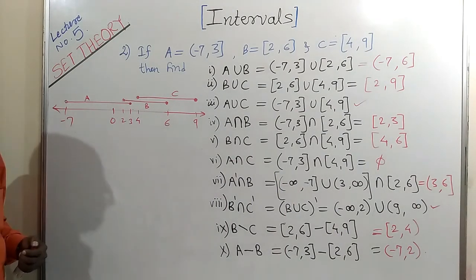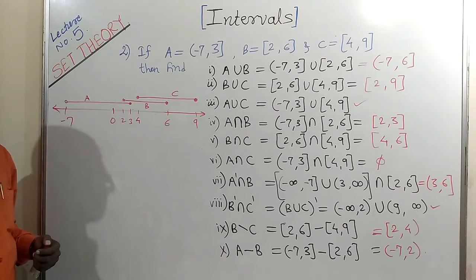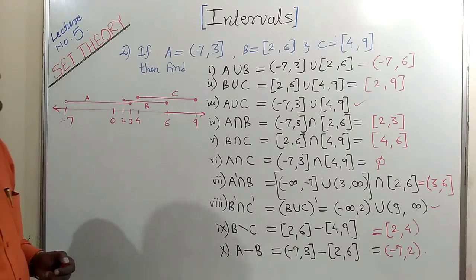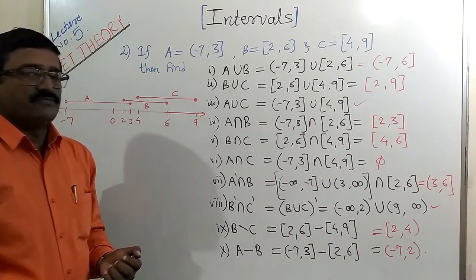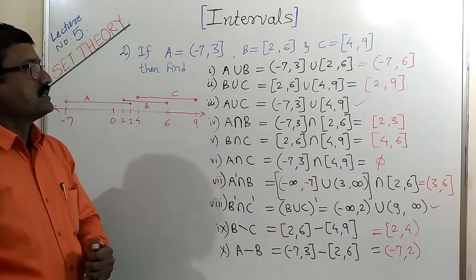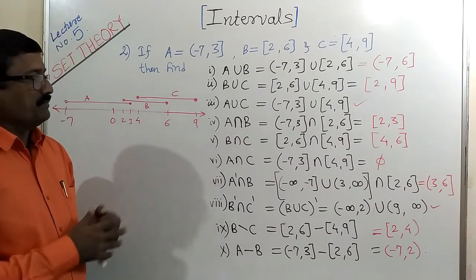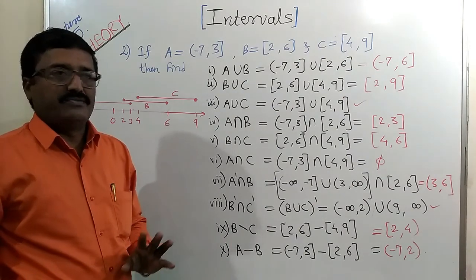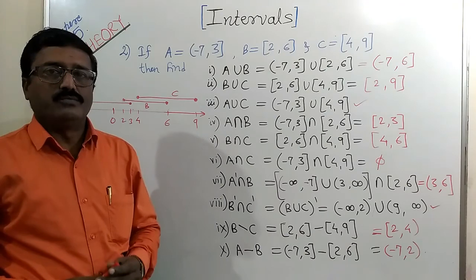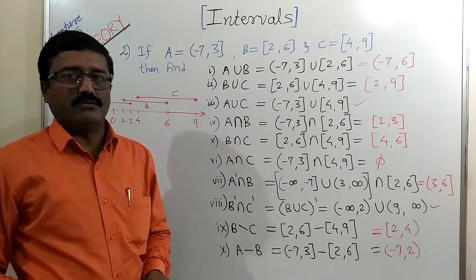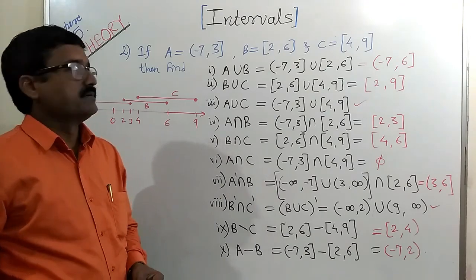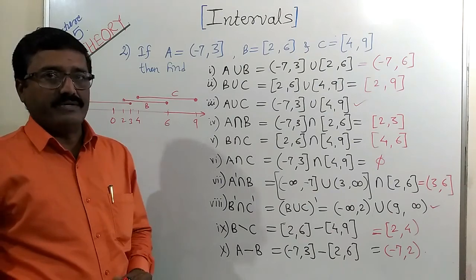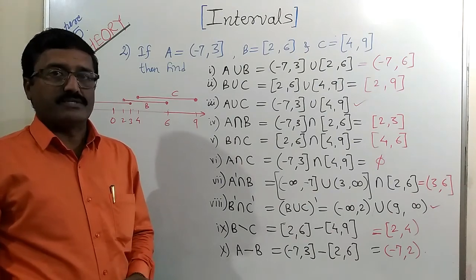There are some examples in this list also. Try to solve them. I think this interval part is very easy. You just clear all the types of intervals and these operations. This much part of intervals is common to both 11th science and commerce students. But the next part, that is the rules of inequality, is only for science students.